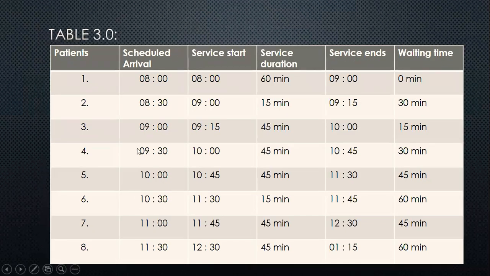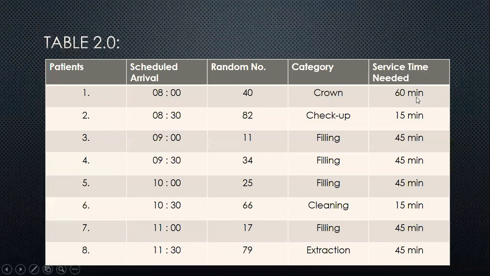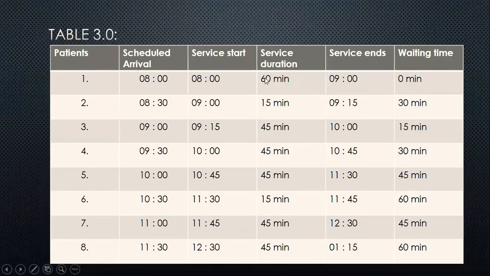So here we go. The first patient arrived at 8, and as soon as he arrived, his service starts. If the service starts at 8, his service duration is 60 minutes. So 8 plus 60 minutes equals 9.